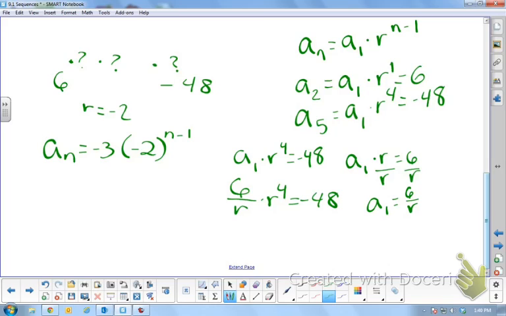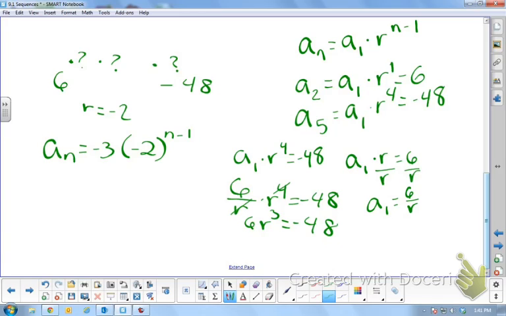What can we do with the r's? Cross out, we can get rid of 1. So we get 6r to the 3rd equals negative 48. Do we know how to solve something like that? What do we do to solve for something like that?